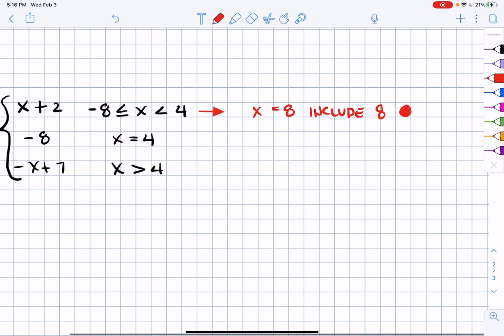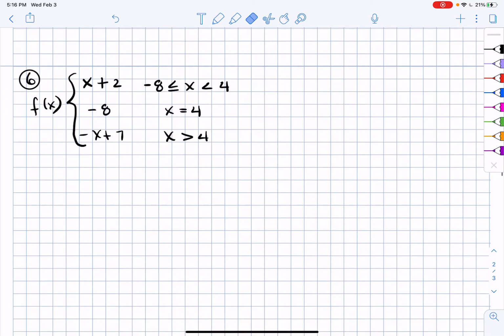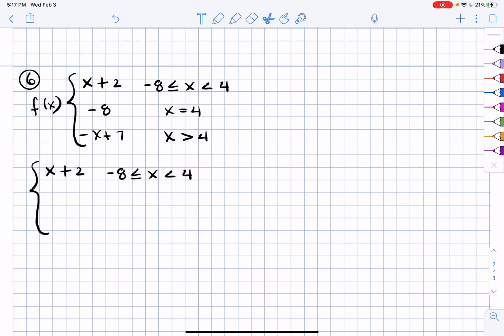And I know that x is equal to 4. This is not giving me enough room for what I want to do here. Let me do it this way. Okay. So, let's take this piece right here. Duplicate. I knew it was going to do that. Put it right here and erase that piece.